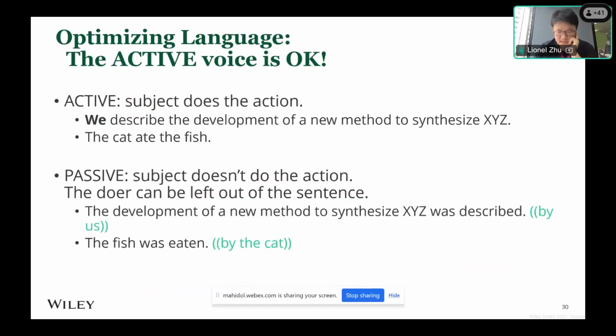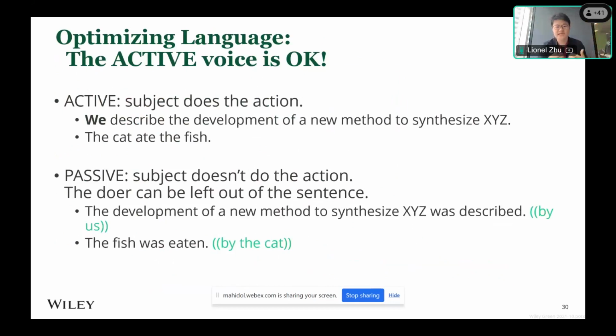Okay, regarding this, I've been to many places, and they say that the supervisor encourages students to use passive voice to write the paper to make it more objective. But as an editor, we prefer the introduction, the discussion, and the conclusion to be a little bit more in active voice, because this is more like a storytelling process.